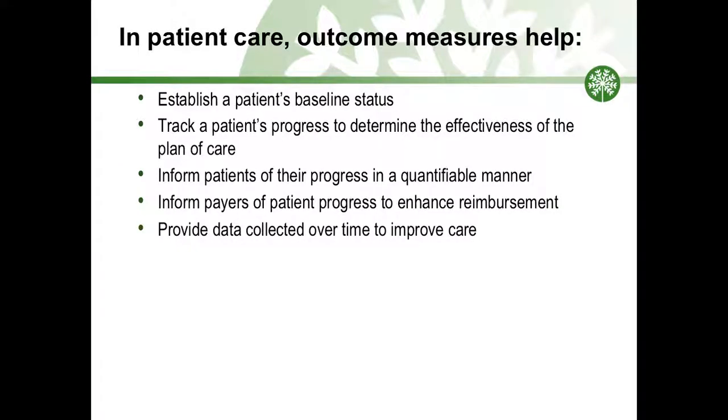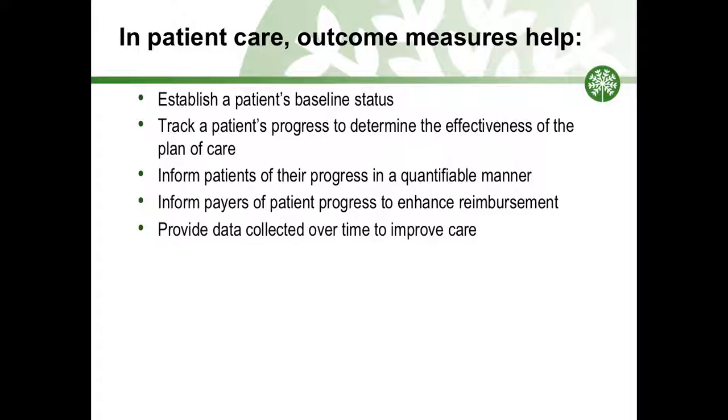They can, of course, establish a patient's baseline status. So if you're looking at what someone's grip strength is, or how high they can raise their arm, or if they can dress themselves, we can't just list that the patient requires maximum assist. What can he do?